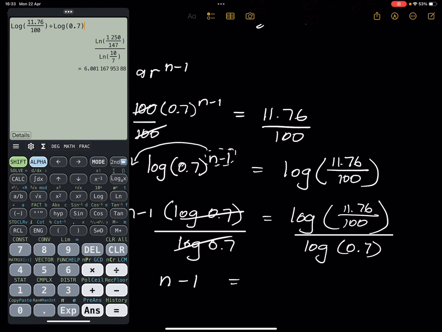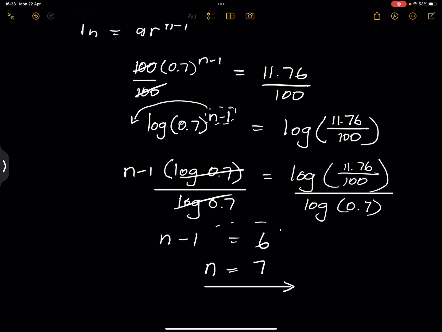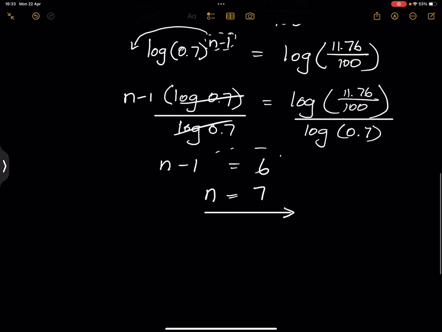I get a value of 6 there, and if I take the 1 to the other side, that becomes a plus 1, so n will be equal to 7. So that means it's on the 7th year. During the 7th year, it will actually grow by 11.76. So therefore, that would be on the 7th year.